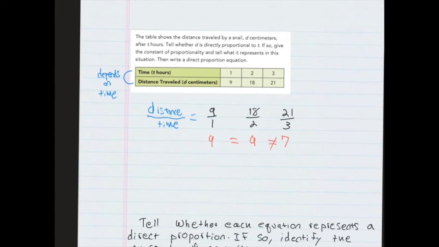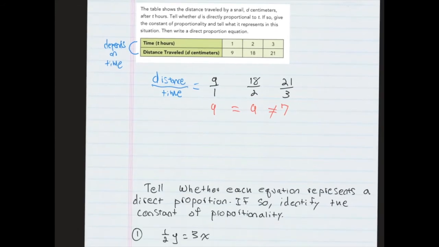So for y to be directly proportional to x, the ratio has to be the same for all of these pairs. In this case, because they're not proportional, there's no equation.